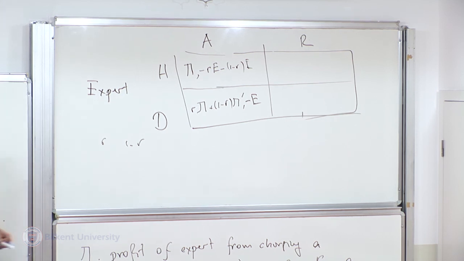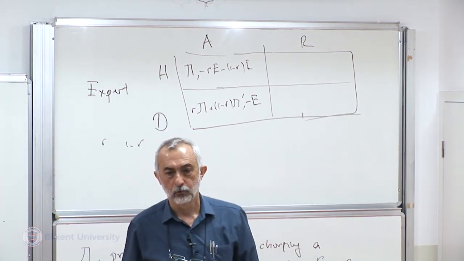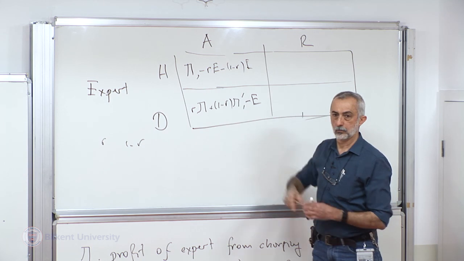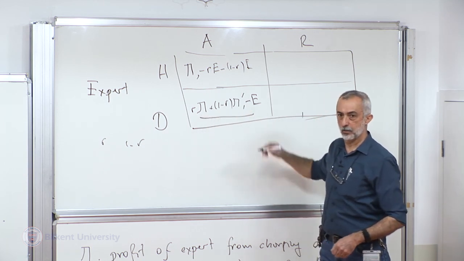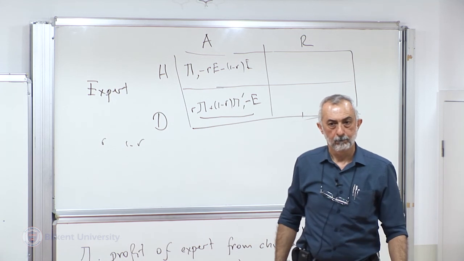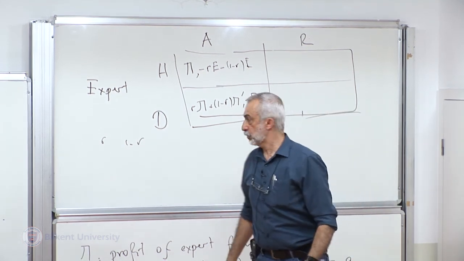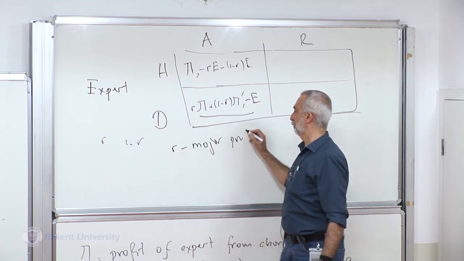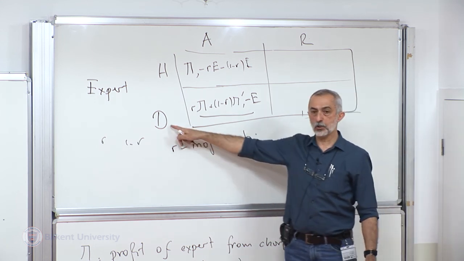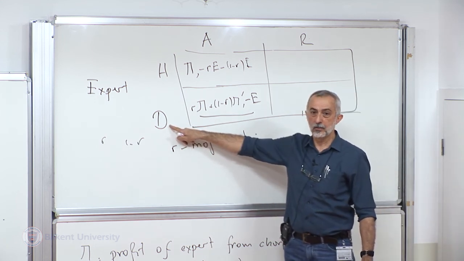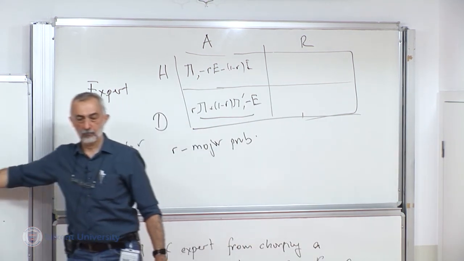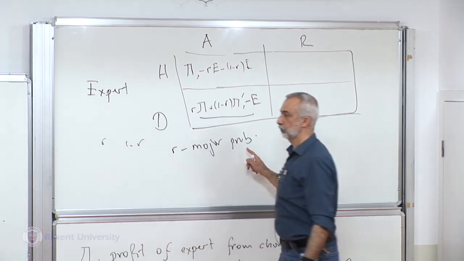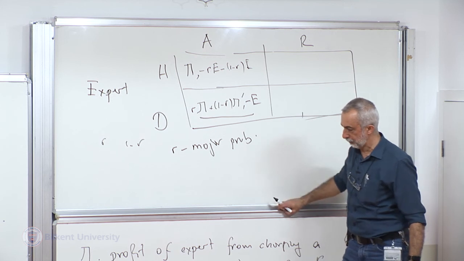Yes, ma'am. About the payoff of the expert. In case it is dishonest, I thought that it should be pi prime instead of this. Well, with r probability, the problem is major. What did he charge? He was dishonest and said, you have to pay E. He said it requires a major fix, so he charged E. In that case, what was his profit?